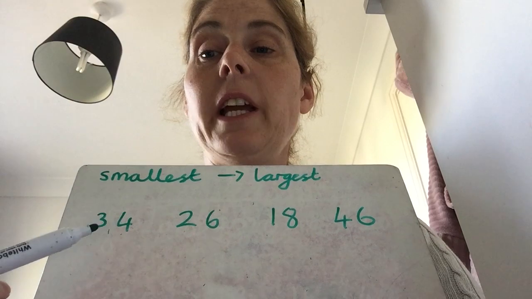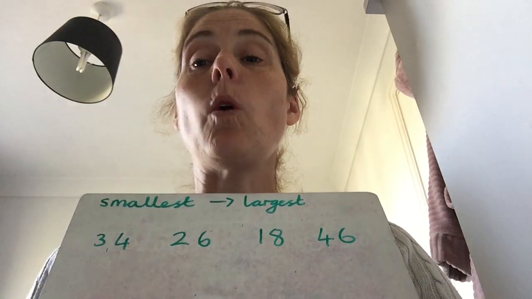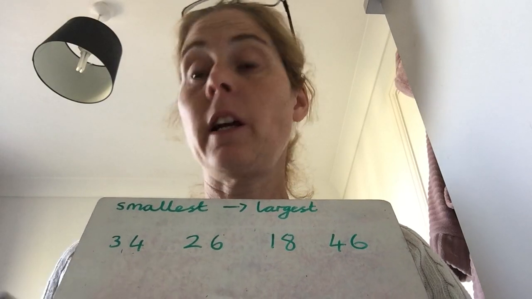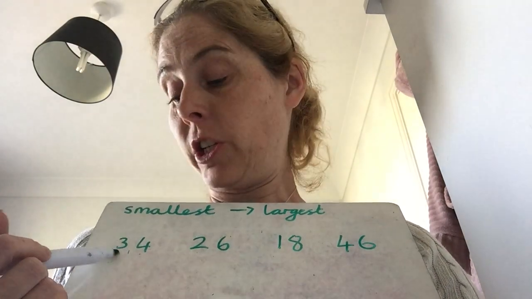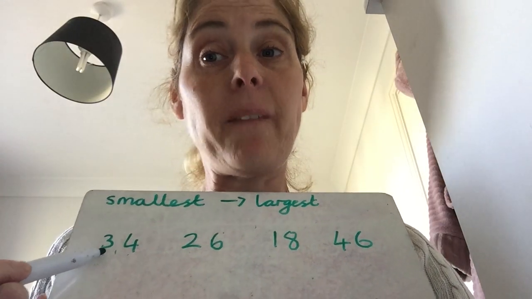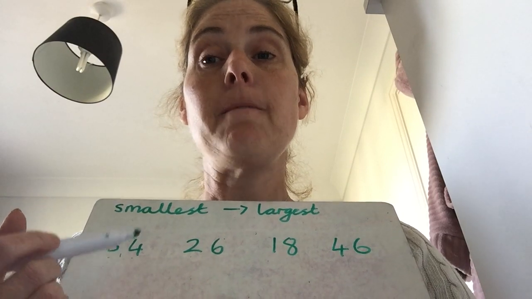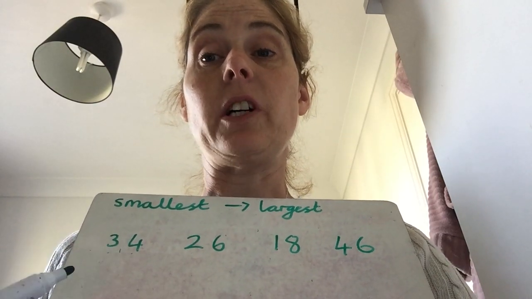Now looking at the 4 numbers, when we are ordering, we always look at the first number. So when we're ordering 2-digit numbers, we always look at the tens number first. So don't worry about the ones number at the moment. Look at the tens number first.